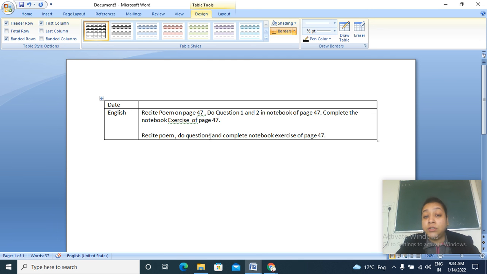And if you want to mention the question number, how you're going to mention? Use the bracket 1 and 2. Getting this point, it is very easy to use "and" when we are talking about only one thing, and all these things to be done on page number 47. So this is a difference of using conjunction.